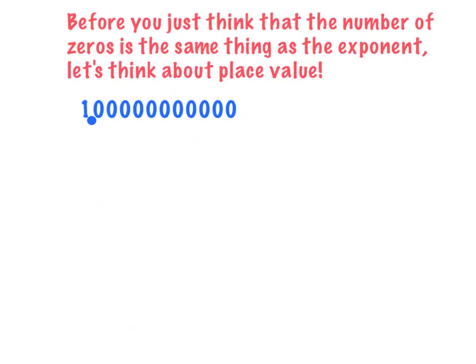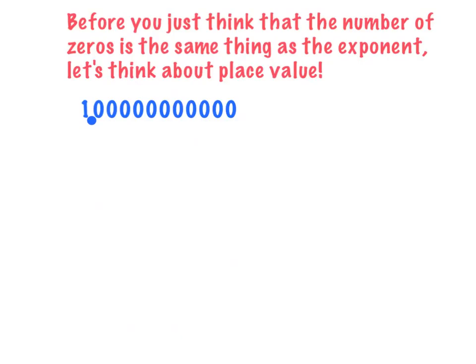Now, before you go thinking that the number of zeros is the same thing as the exponent, let's think for a second about place value. So I wrote the number 1 and I put a decimal point and a whole bunch of zeros because we know that zeros that are behind the decimal point don't actually change the value of the number.